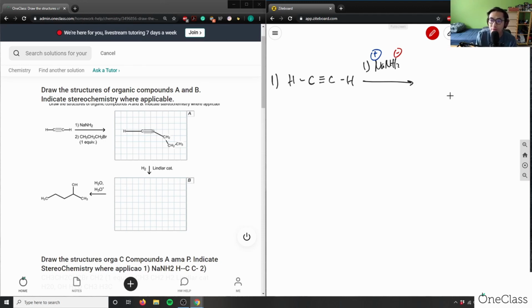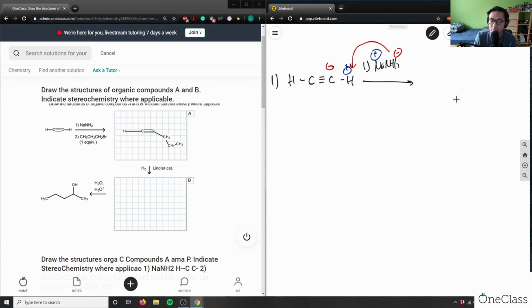Remember, the carbon-hydrogen on this triple bond is electron rich, so it's going to pull electron density away from this hydrogen. This here is positive, this here is negative. So this NH2 is going to come here and take this hydrogen away, and it's going to basically deprotonate this alkyne.